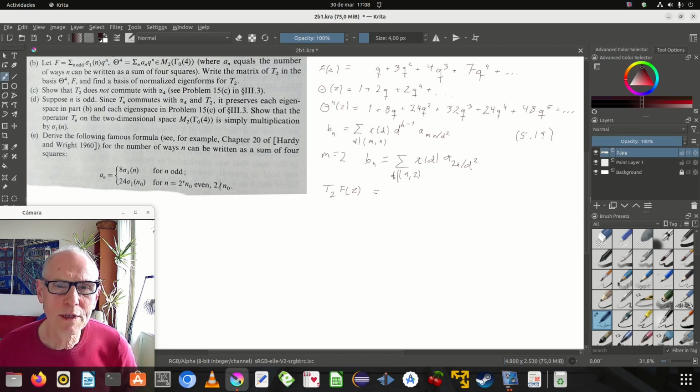So the first one is where n is unity, and then chi here, that's the trivial one, modulo 4. So chi of d equals 1 if d is equivalent to 1 modulo 4, minus 1 if it's equivalent to 3, and otherwise it gives naught.